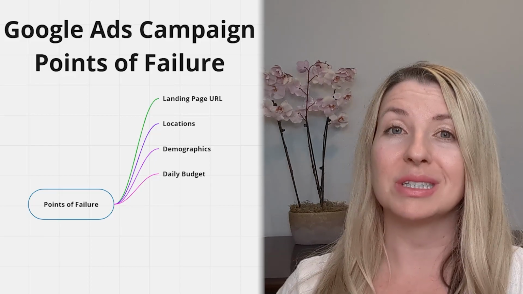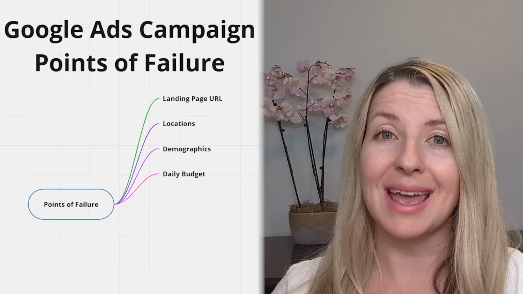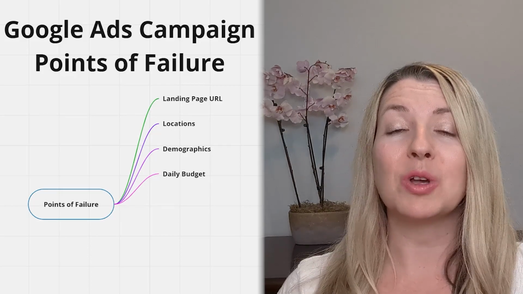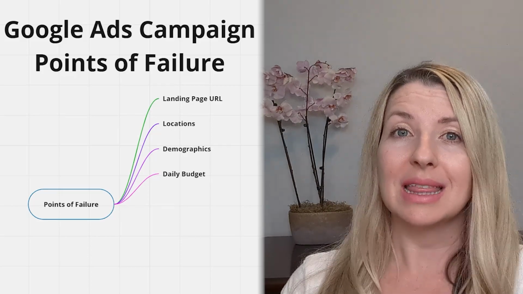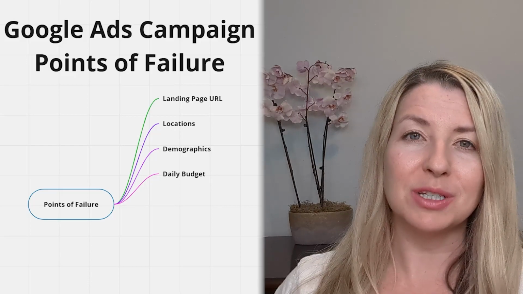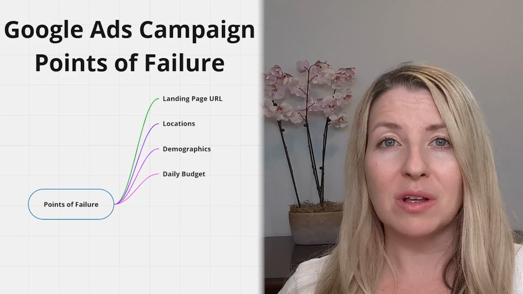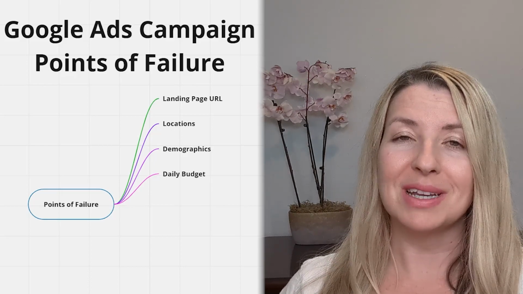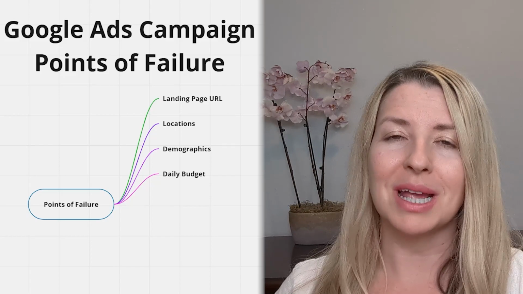So daily budgets are pretty important, and it's easy to accidentally overspend. Now, anything that Google spends over 2 times your budget is refunded to you. So if your budget is $100 and they spend $250, then you get that $50 back, but they're allowed to spend 2x your budget. It's just how it is. So keep that in mind in your campaigns.